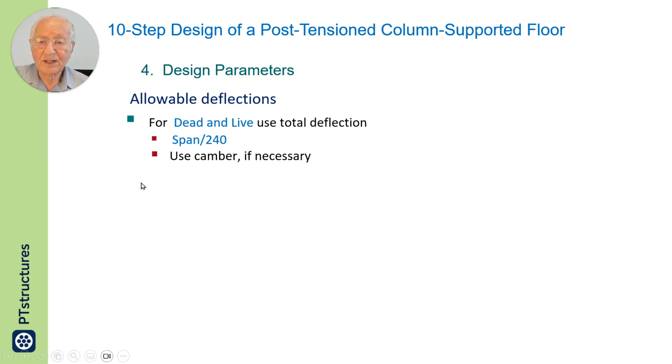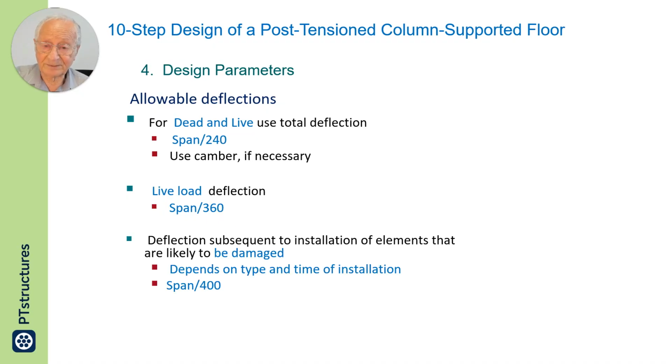Allowable deflection for dead and live load is given as span over 240. This can be corrected by camber or topping. Then there's live load deflection, span over 360. That is difficult to correct if it exceeds.